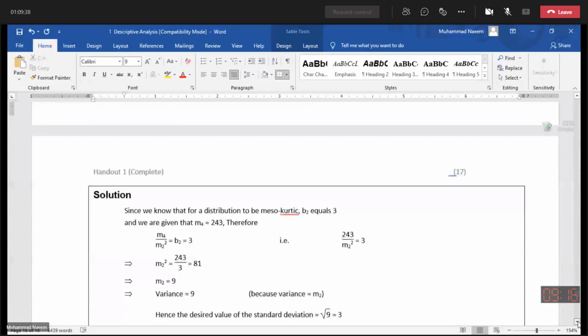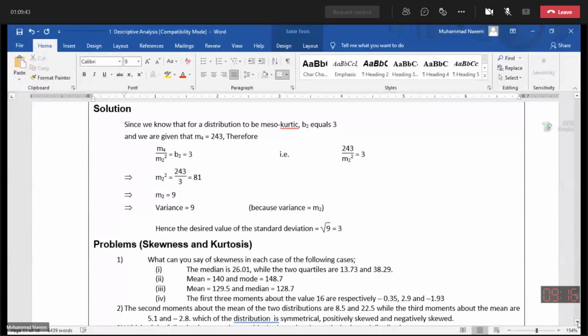So in previous examples, whenever we are given 4 moments either about some value, first we convert them in terms of mean, and then using moment ratios, we can decide about the skewness and kurtosis.